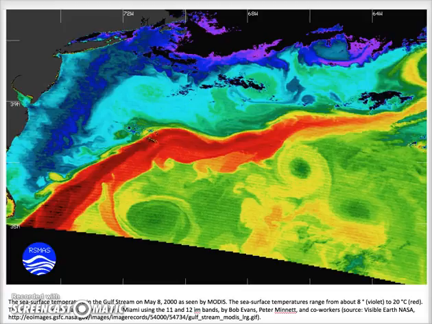Early scientific work on the Gulf Stream was carried out by Benjamin Franklin, who on three Atlantic crossings between 1775 and 1786 observed air and water temperatures and published a map of the Gulf Stream.